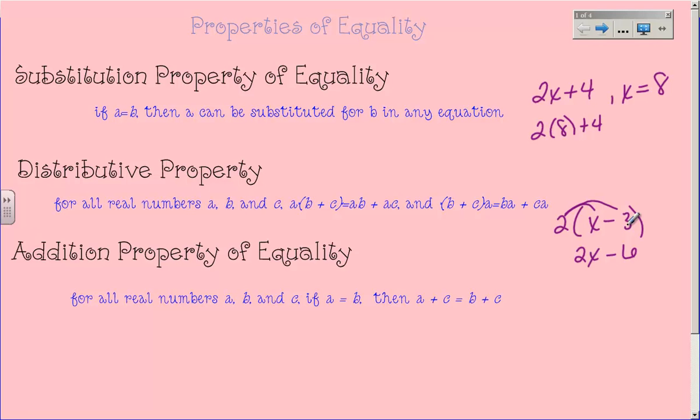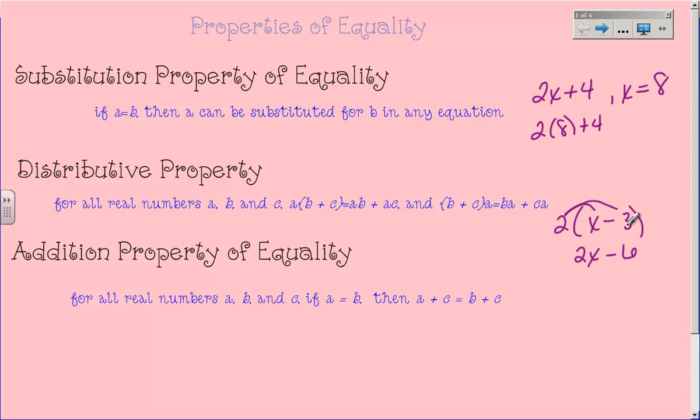The addition property of equality. For all real numbers A, B, and C, if A equals B, then A plus C equals B plus C. So they're just saying that if I have 3 numbers and I know that A and B are the same, if A equals B, for example, like x equals 8, then I can add the same number to both sides.